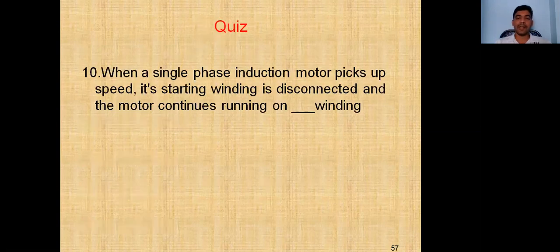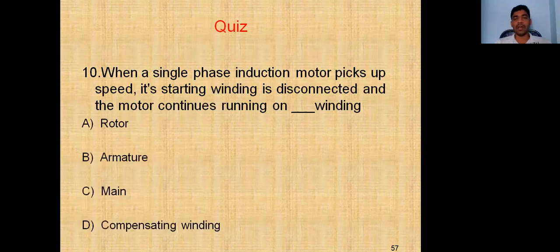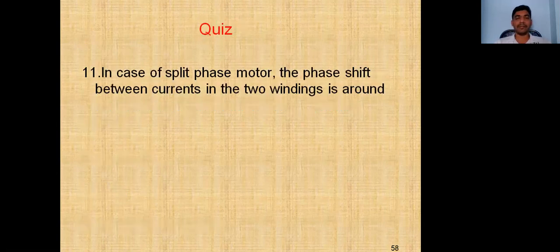When a single phase induction motor picks up speed, its starting winding is disconnected and the motor continues to run on the dash winding. Option A rotor, option B armature, option C main, option D compensating winding. It has two windings, auxiliary and main. The auxiliary winding is cut off, then only the main winding is present and running.